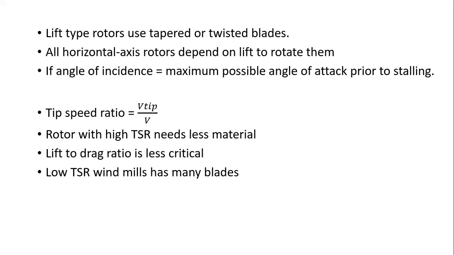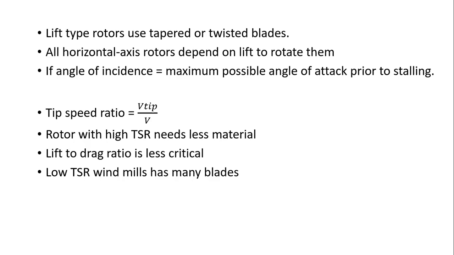We know that the rotor's tip travels faster than points near the axis. This is the known truth: the rotor tip will be traveling faster than the points near the axis at the middle. So the angle at which the wind meets the plane of rotation decreases in linear proportion to the radius.